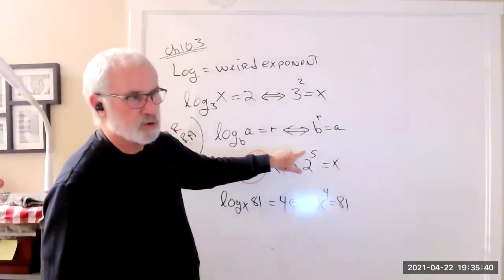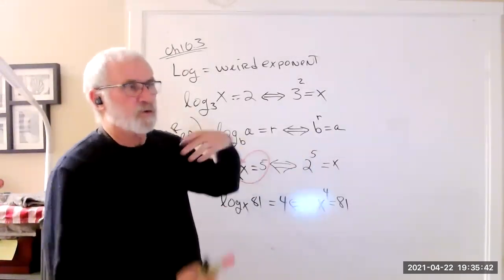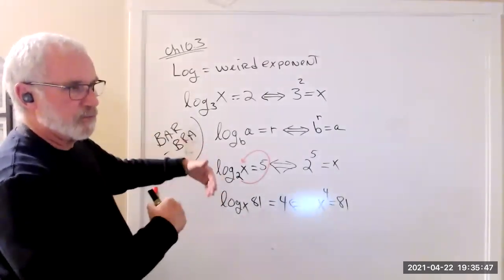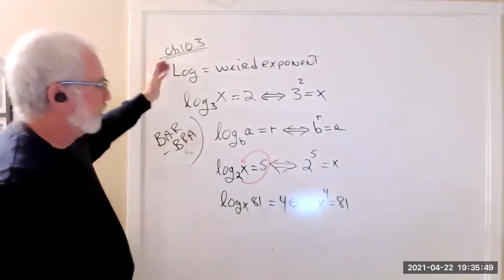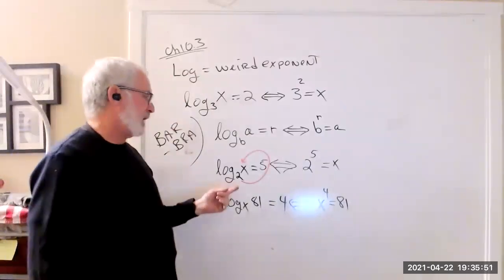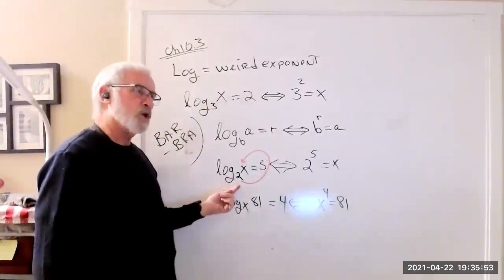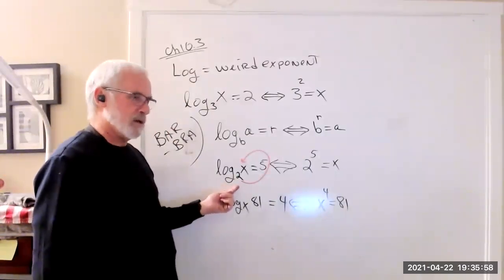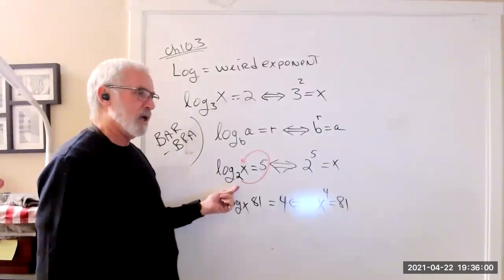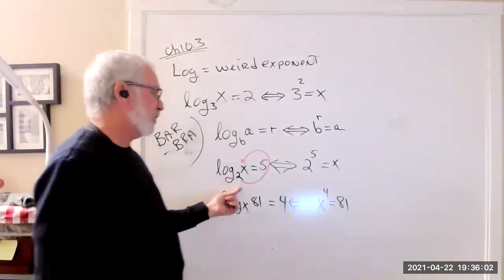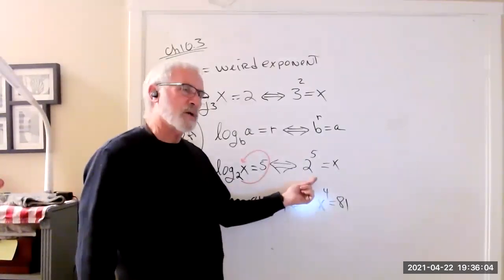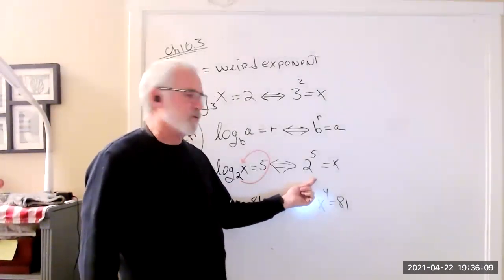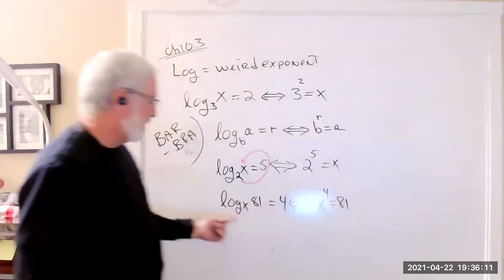Turns out to be 32. So the advantage of this bra bar stuff, or converting from one to the other, is that sometimes you will not be able to solve a problem as it's written. But if you convert it to a different format, you can solve it. It's easier to solve.